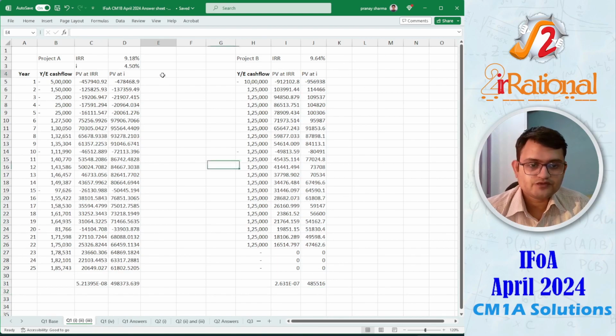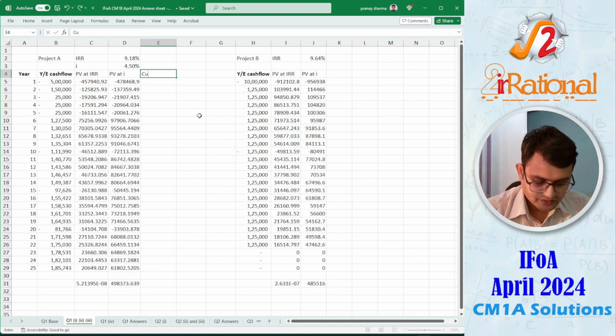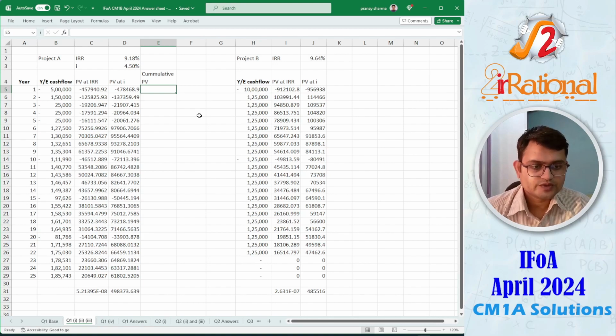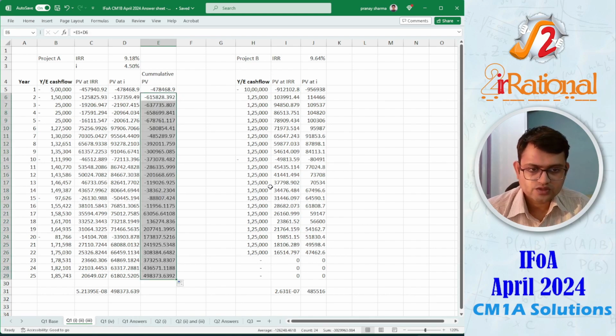Now for DPP, we'll require the cumulative present value. So cumulative present value, first value will be as it is, then the second value will say previous plus this value. Do that for all. Same thing I'll do here.